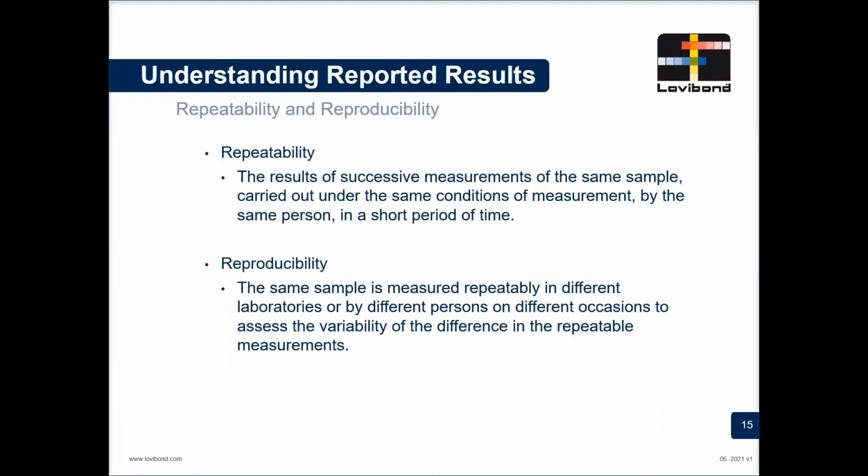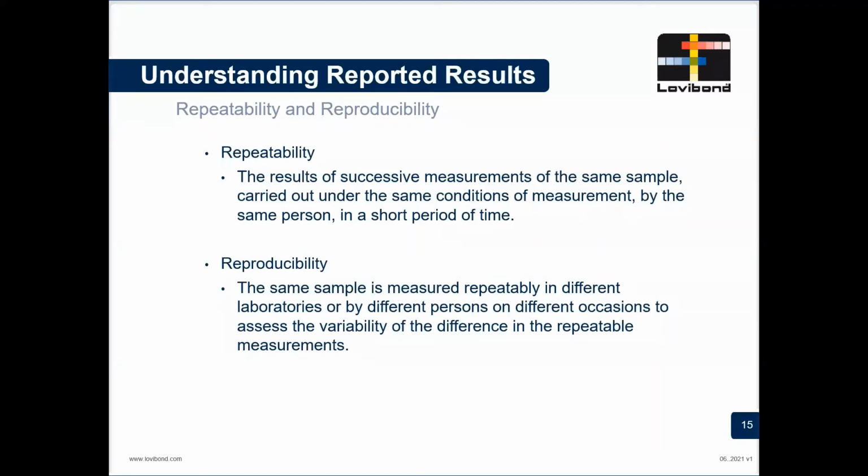So I've communicated my value to the other person, and they're going to be measuring the same sample in a different laboratory on a different occasion. It's going to be a different person. They're going to do their own measurement, and they're going to get their own repeatable measurement result with this small variation. But then we're going to look at the difference between my result and the result from the other lab. And this is where we come into the reproducibility.